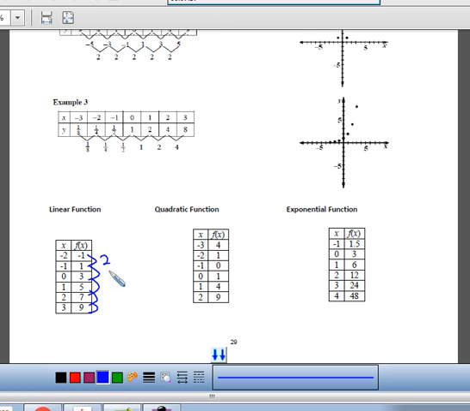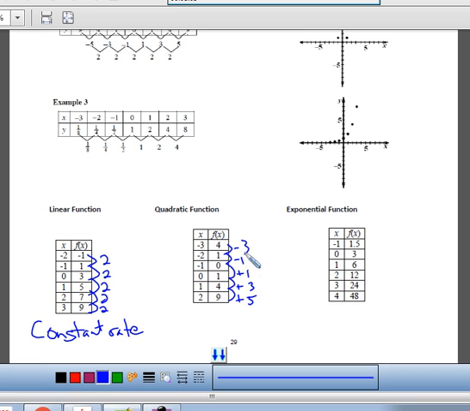So here's our +2, +2, +2, +2, +2, our constant rates for the linear. Here with the quadratic, it's -3, -1, +1, which is what we saw up above anyway, so +3, +5.